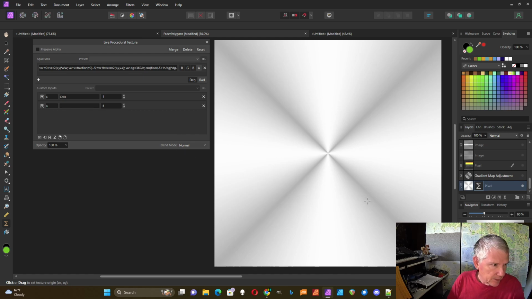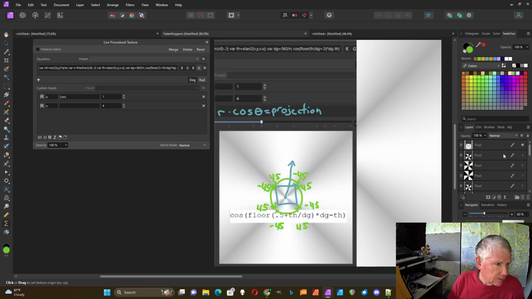Okay, so that's cosine of this, but remember it was set up so that this is minus 45 to 45 degrees, minus 45 to 45, minus 45 to 45. So the cosine is just looking at those inputs, a range that's sweeping from minus 45 to 45. And we know from math that if we take r times cosine of theta, it creates a projection along an axis.